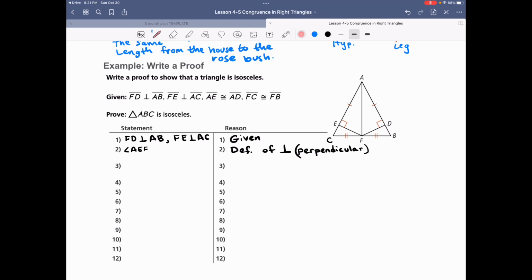So I have this angle AEF right here, and I have the angle ADF as well. Those two angles are congruent. And the reason why is because they're right angles. So they're congruent and they equal 90 degrees.